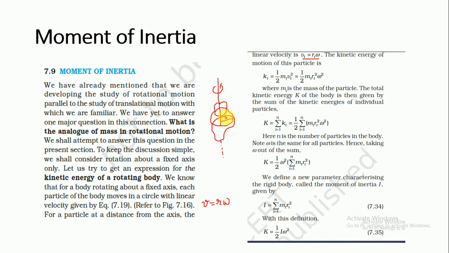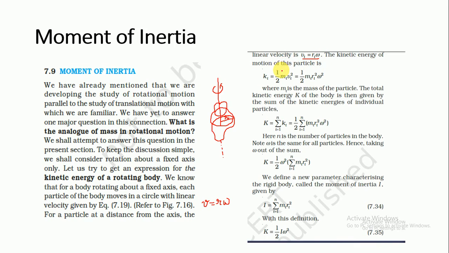Ri is the radius of the circle on which the ith particle of the body is moving. So the linear velocity of the ith particle can be written as Vi = Ri omega, where omega is the angular velocity of all the particles.